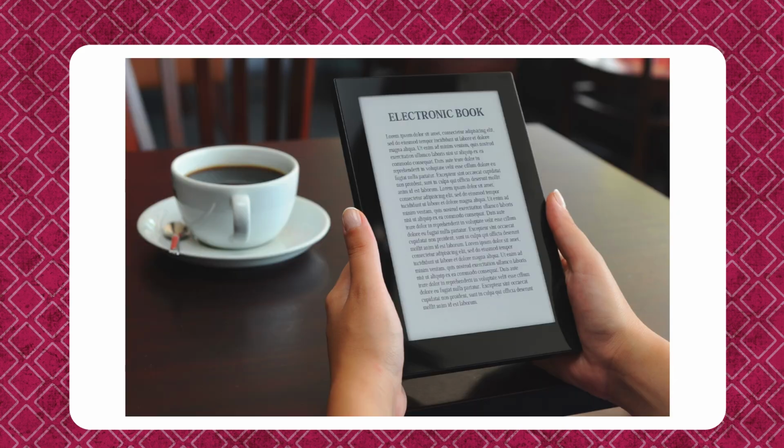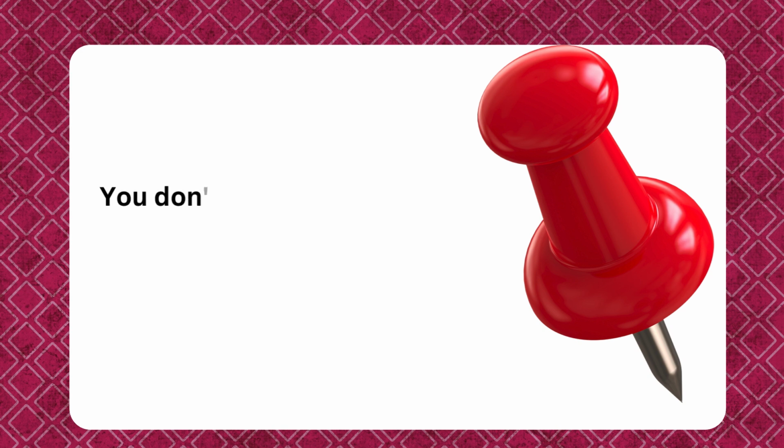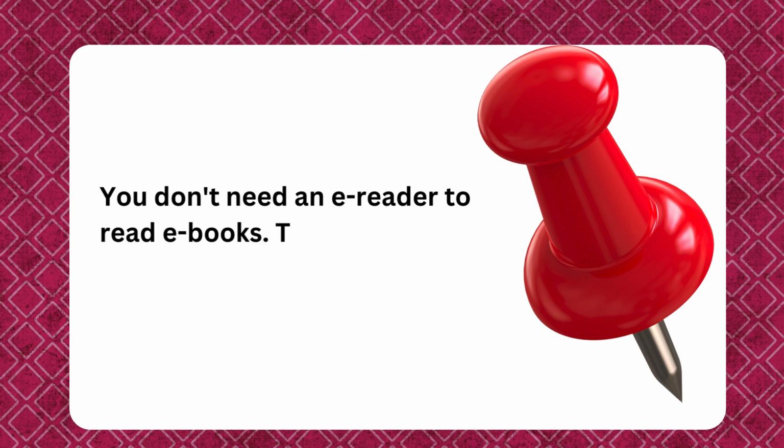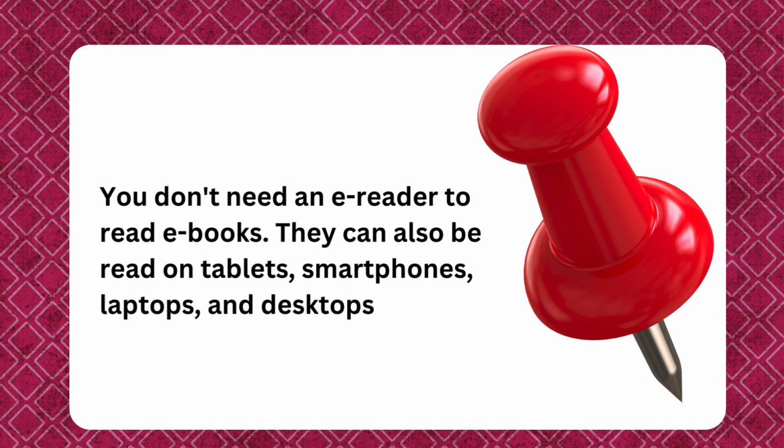Most e-readers use an e-ink display, which is easier to read than a traditional computer display. You can even read in bright sunlight, just like if you were reading a regular book. Note, you don't need an e-reader to read e-books. They can also be read on tablets, smartphones, laptops, and desktops.